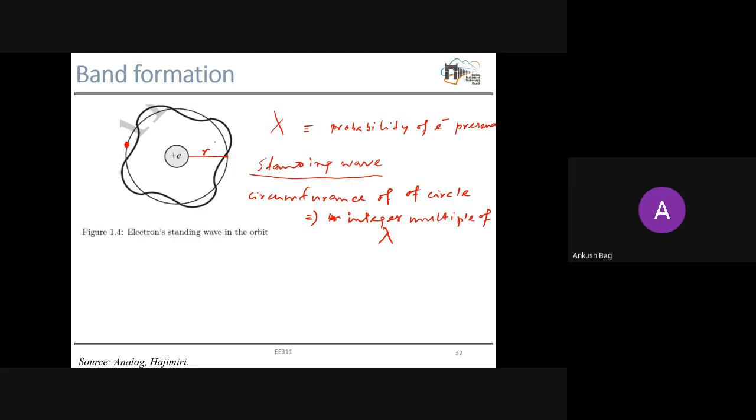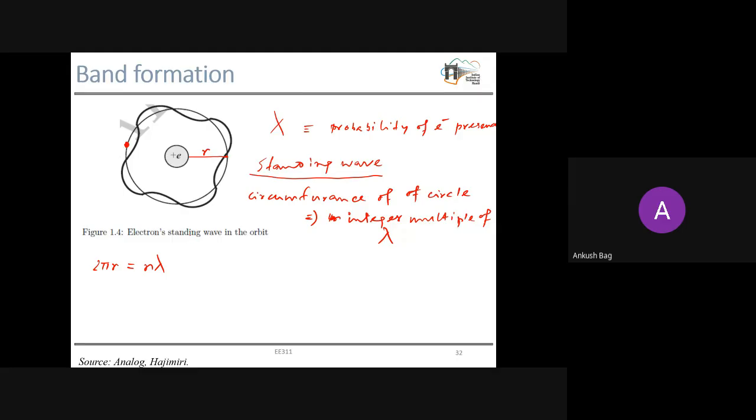Another conclusion from this concept, let me first write this equation, then it will be easier to follow. So 2 pi r is equal to n lambda in order to have this standing wave or sustainable orbit.